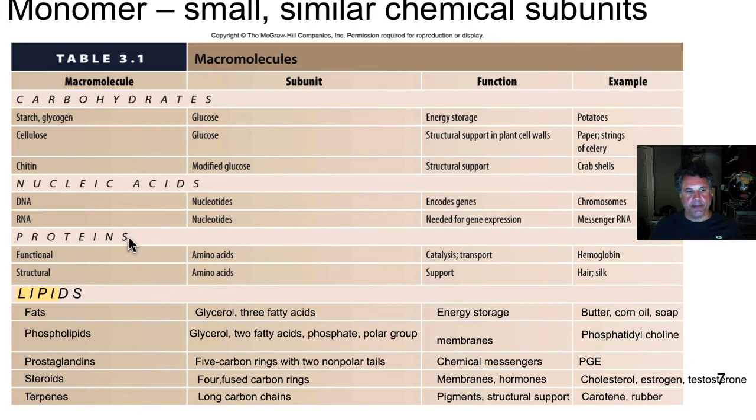Now, proteins. We can have functional proteins or structural proteins. They're both polymers of amino acids that are linked together. For functional proteins, there are many things that proteins can be involved in. They can be enzymes that promote biochemical catalysis and run the biochemical pathways in the cell. Proteins can be used for transport.